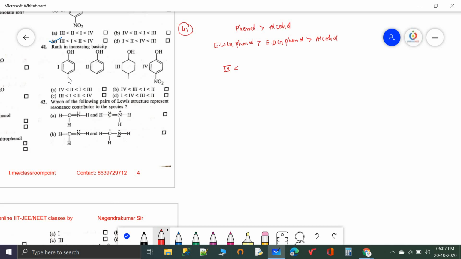Here an electron releasing methyl group is there, so the second compound is the next strong acid, and the next one is this one, because phenol and alcohol parts now. So 1 is less than the alcohol part. Alcohol is a stronger base than the phenols. So 4, 2, 1, 3. Option A is correct.